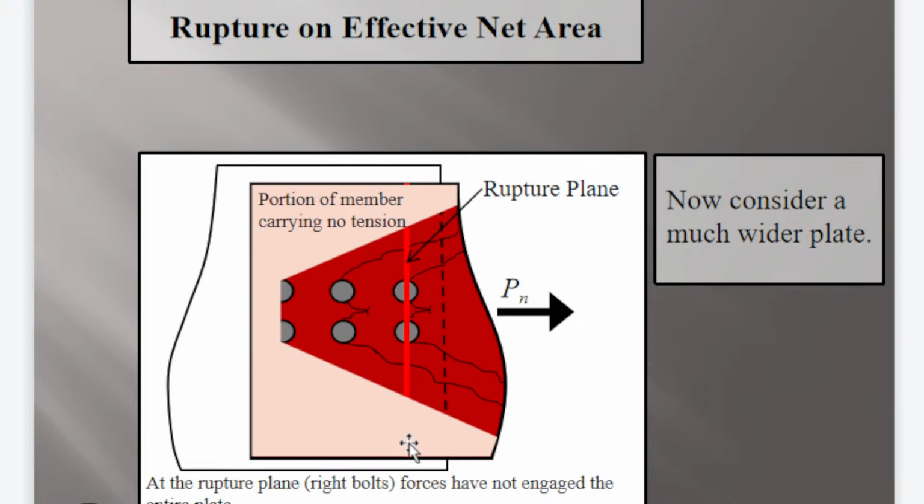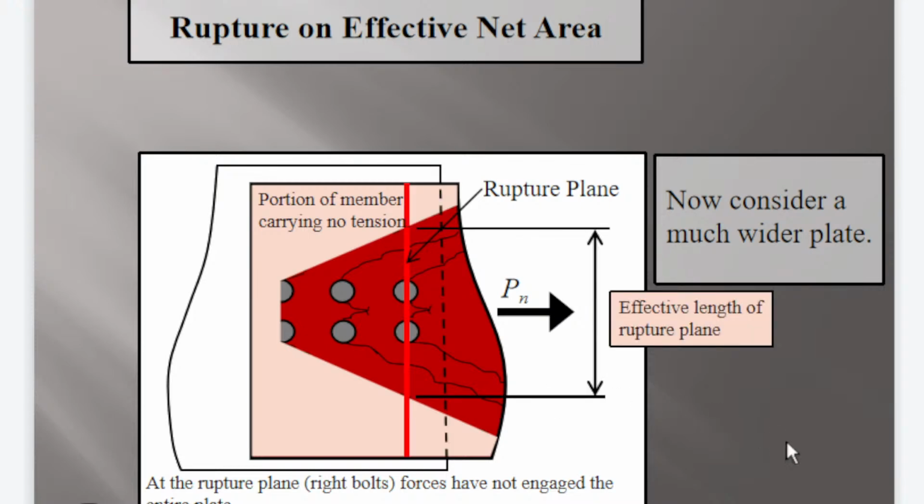The rupture plane is this one. Only this effective length suffers so much, not the whole section.